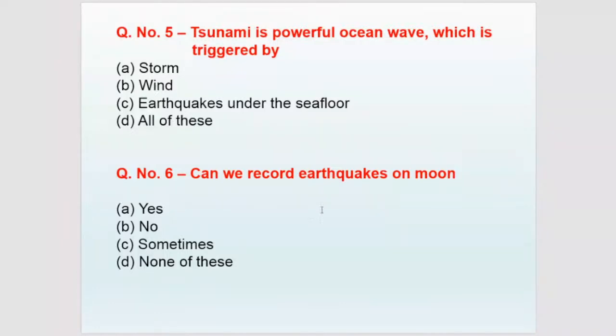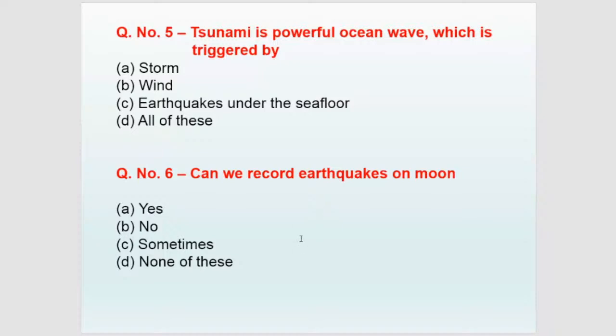Can we record earthquakes on the moon? Tricky question. The answers coming from Mr. Shivansh is yes. Mr. Karthik also says yes. Mr. Ravi says C, which is sometimes. Mr. Abhinav says yes, and Ms. Mehak says yes. Okay, if all have answered, then I should answer it.